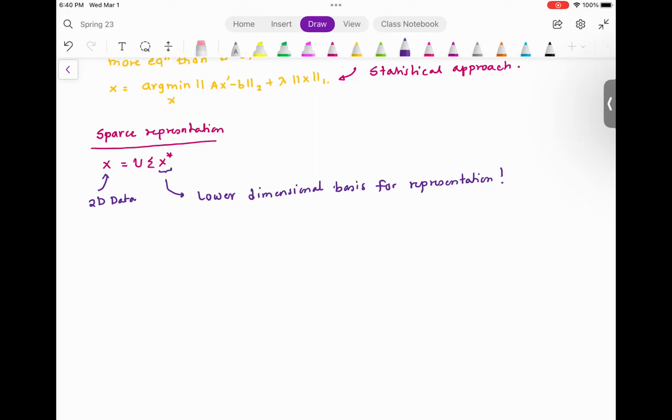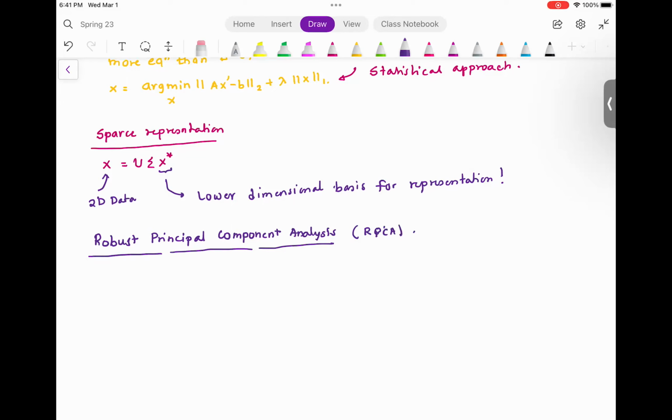So what has happened is, using the concept of sparsity and essentially sparse representation, there is something called robust principal component analysis. So robust principal component analysis is also called RPCA.